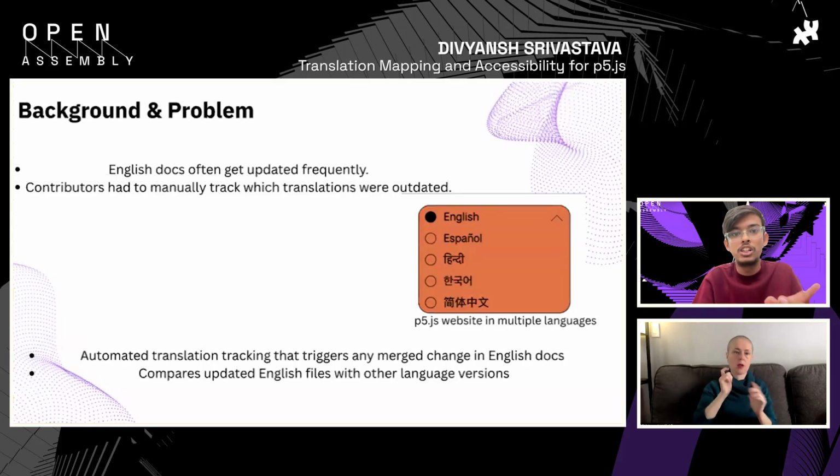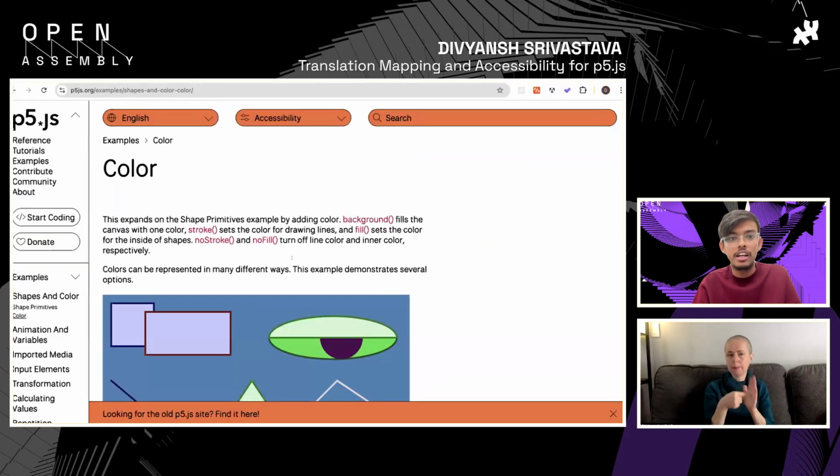So for example, I'll show you this. I'm currently on the English version of this color example. Suppose I wanted to add something to this, that color basically adds color to your p5.js sketches.